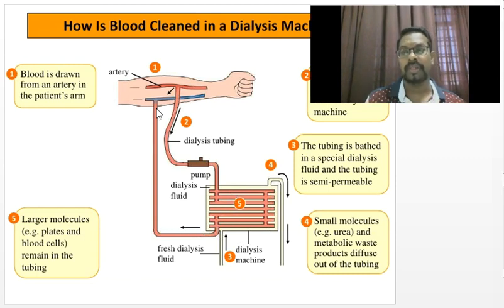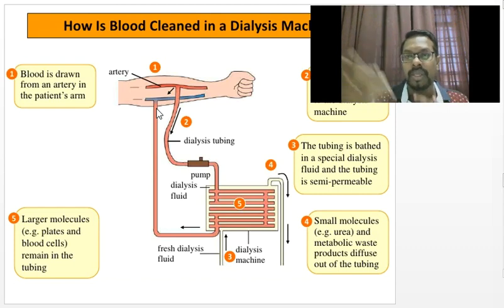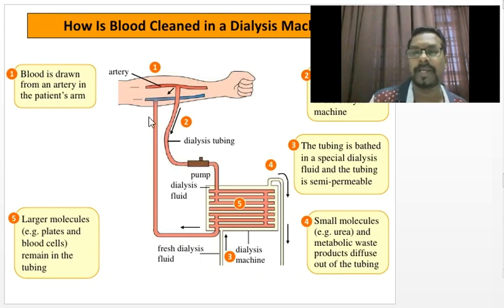In another way, they have an external kidney. The blood goes out of the body to the machine for filtration, and then whatever the body needs goes back to the body through the artery. Clear? There are actually a lot of side effects also.